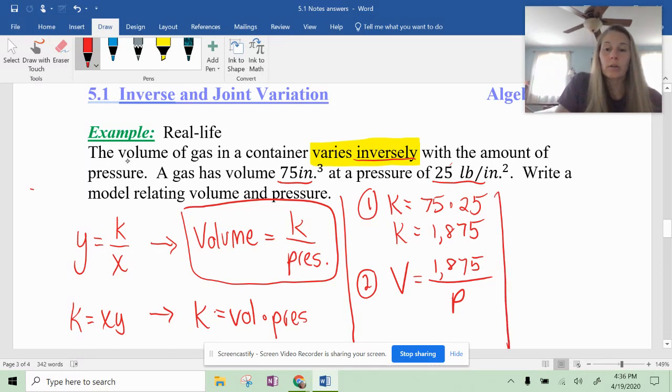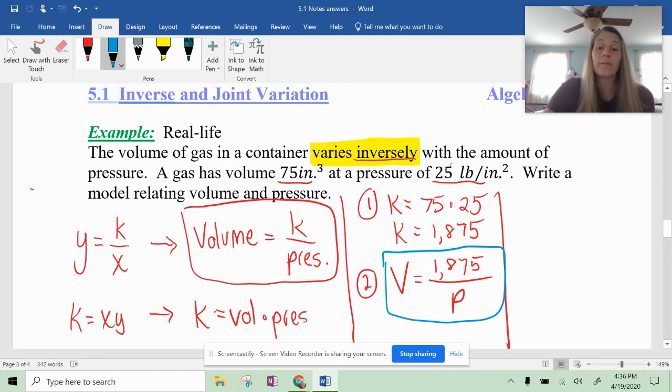Okay, then part B of this problem says write a model relating volume and pressure. So I think we did that already. Yeah, so we're actually done. I thought it was going to ask us to plug in. Sometimes after you do that, it might say, find the volume if the pressure is 50 pounds per square inch or something like that.